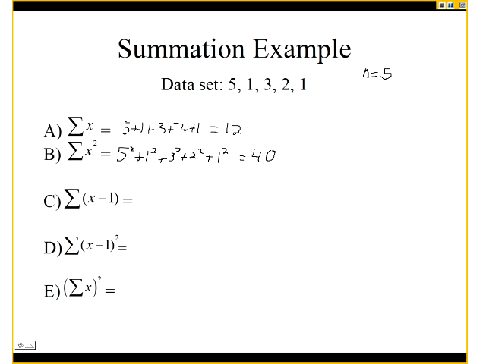Part C, we have a parentheses, which indicates we have to do whatever's inside the parentheses before we do anything else. So we're going to take each data point. So 5 minus 1, added to 1 minus 1, added to 3 minus 1, and so forth.